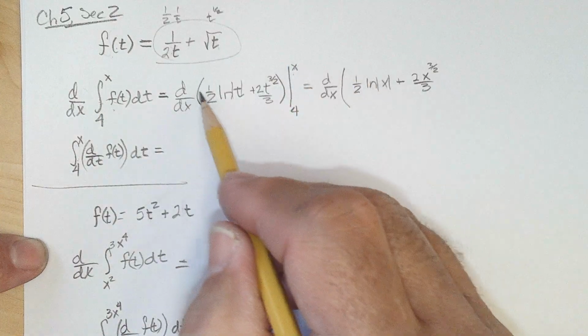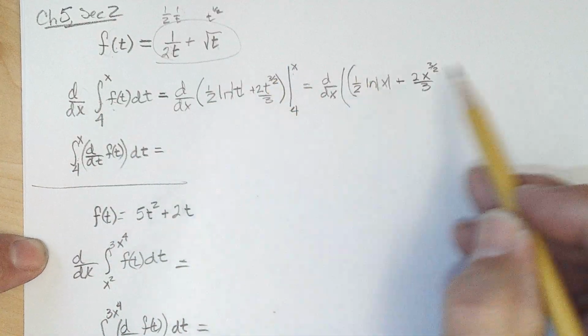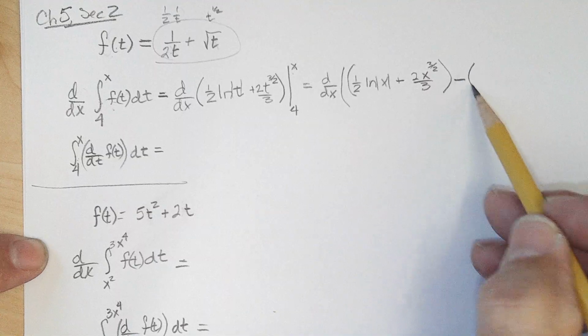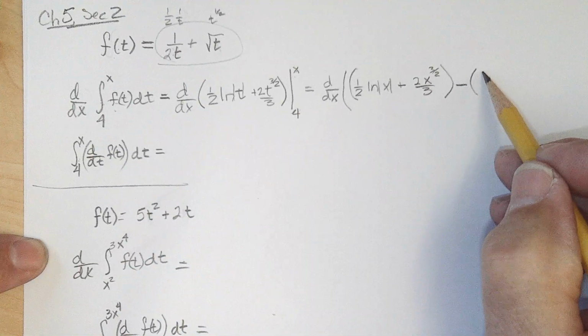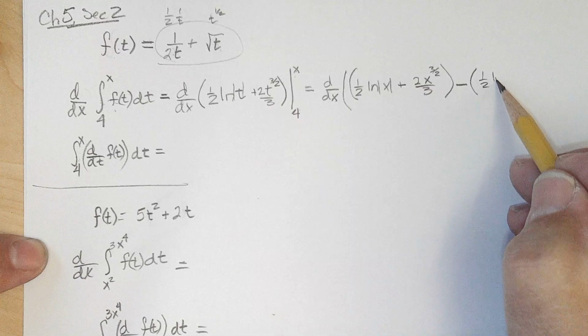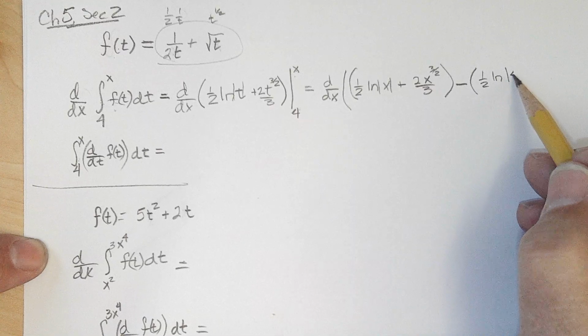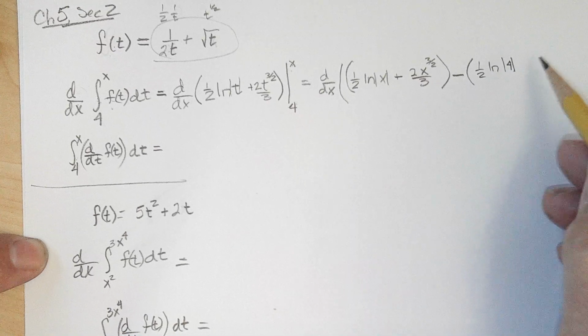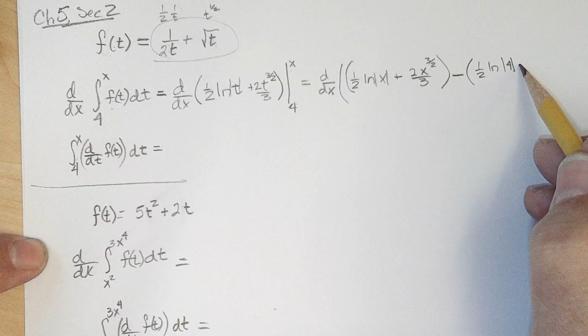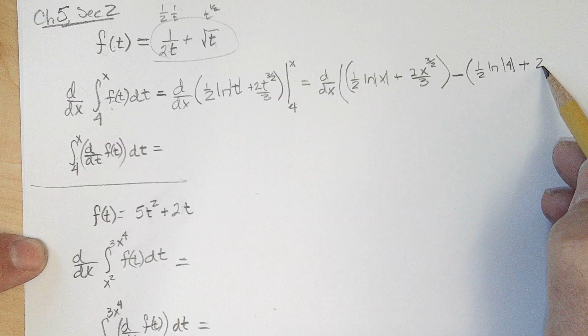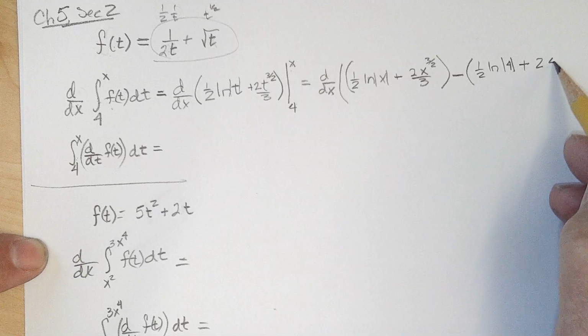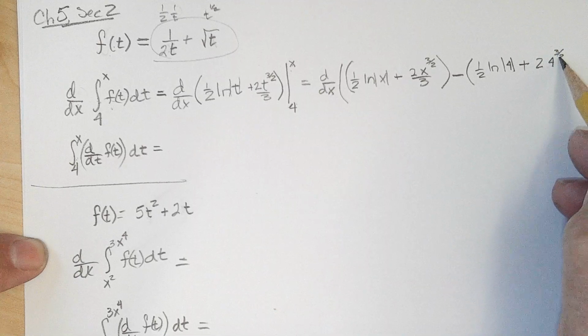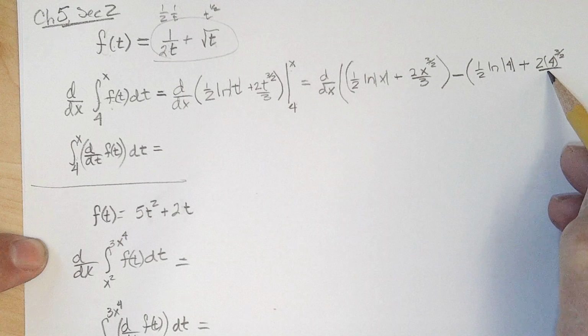So that's putting x into all this. Minus, now we've got to put 4 into this, so that's 1 half ln of the absolute value of 4, which is 4. Anyway, plus 2 times 4 to the 3 halves over 3.